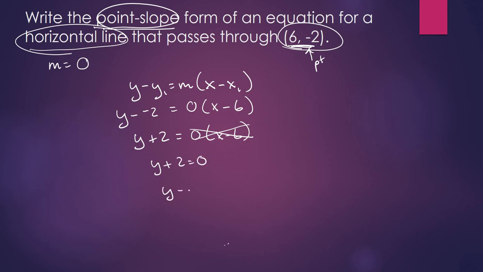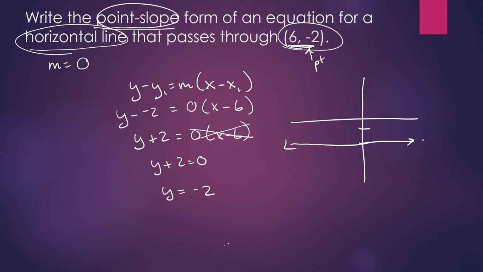And so my equation is y equals -2. And we found earlier that horizontal lines have equations that are y equals, and since this goes through the point 6, -2, it is in fact the line y equals -2. Okay?